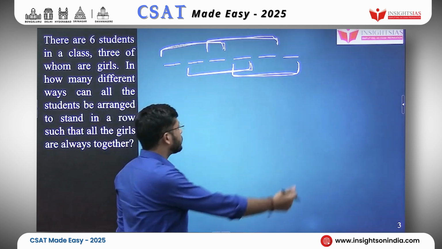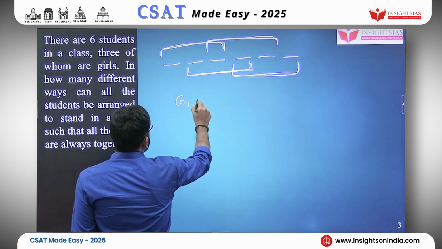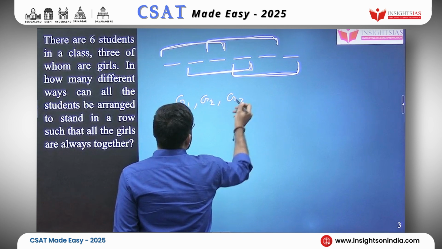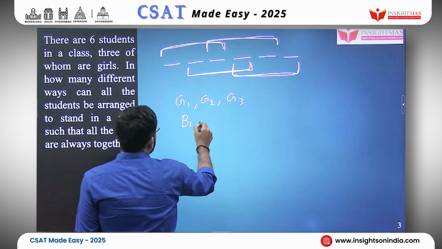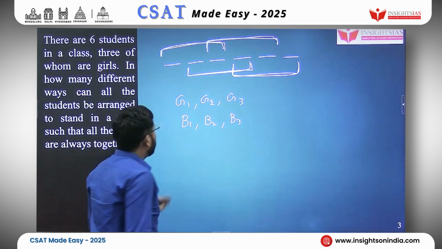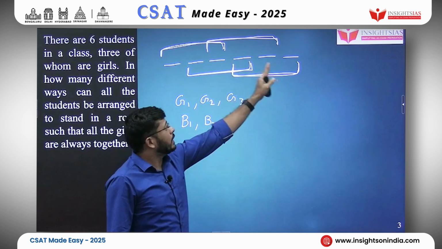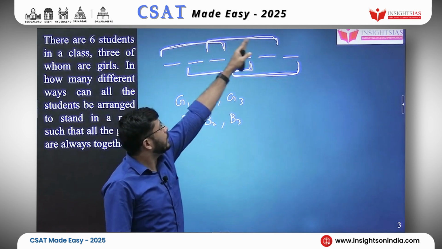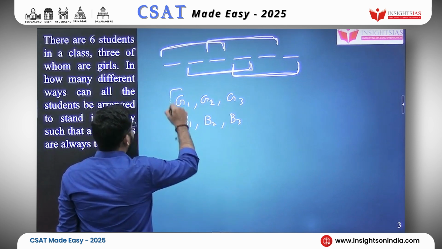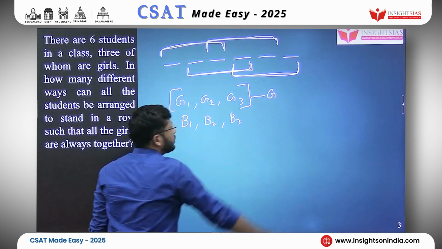For example, if the names of the 3 girls are G1, G2 and G3, and the names of the 3 boys are B1, B2 and B3, we will have G1, G2, G3 together, right? Here they will be together, here, here, or here. So can we consider them as a single block, a single entity G?